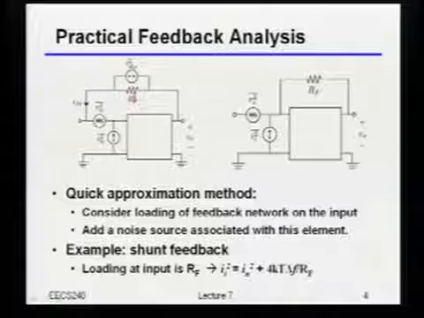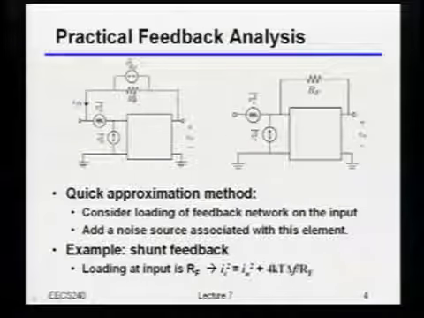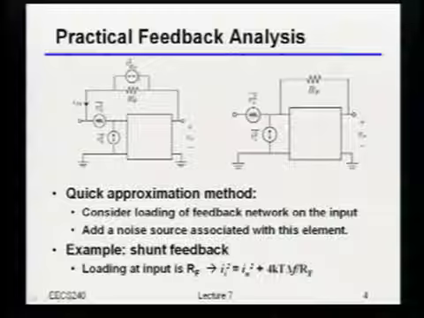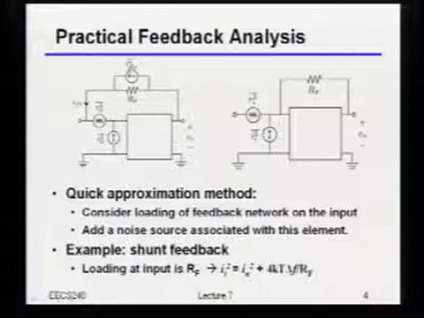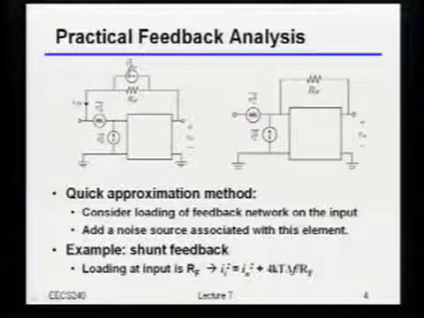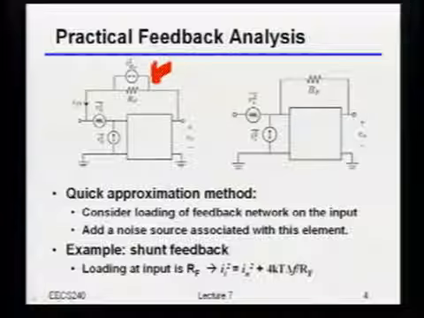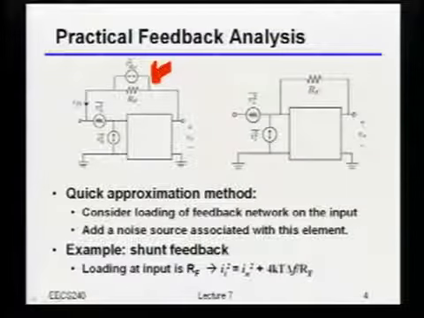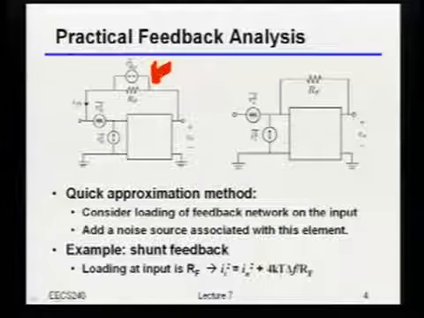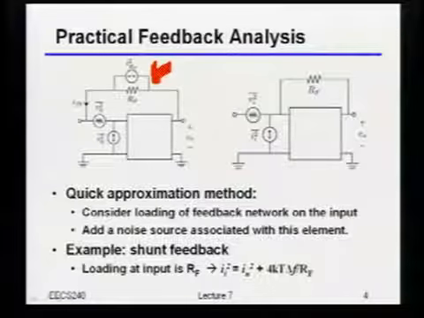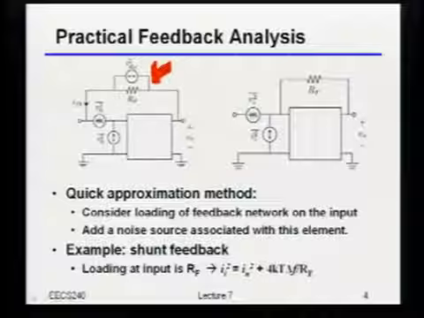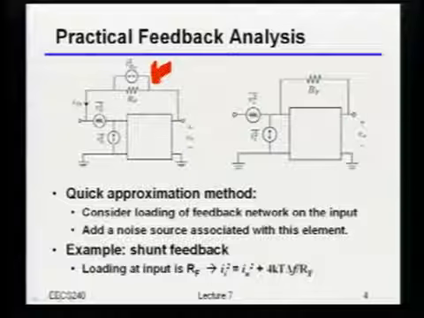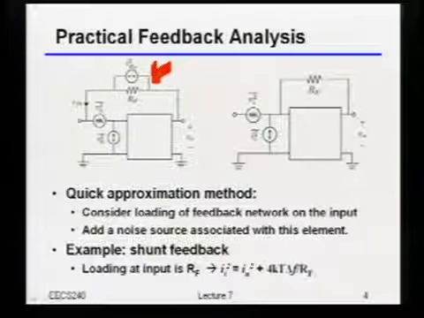So here, since I'm interested in coming up with a fairly simple way to figure out what the extra noise from this is, why is it that I chose to use a current right here versus a voltage? Why did I go with current in this particular case? Any thoughts?